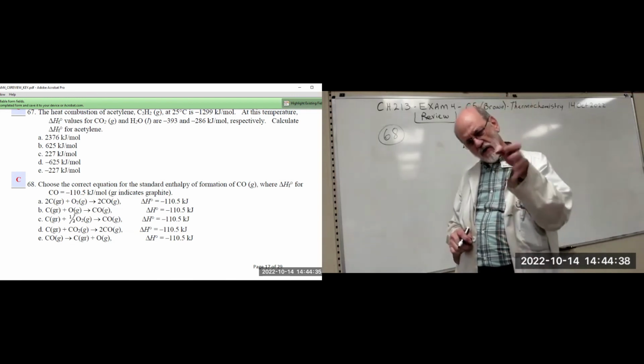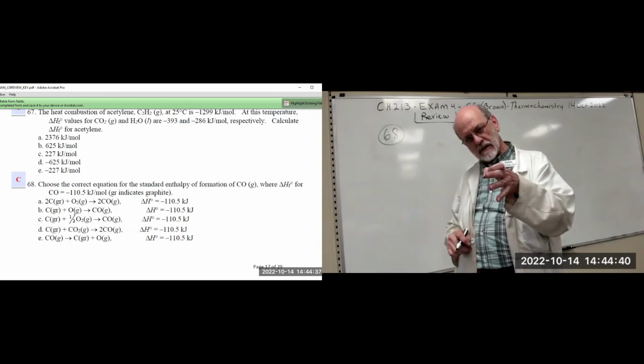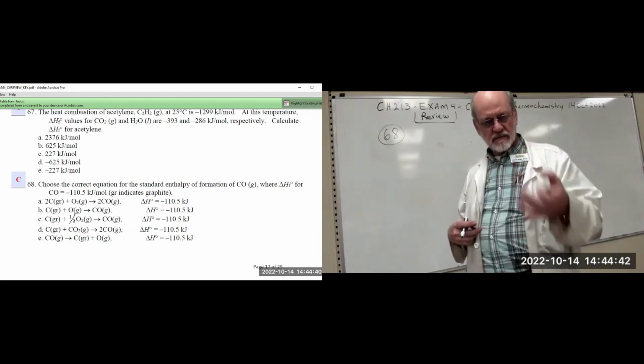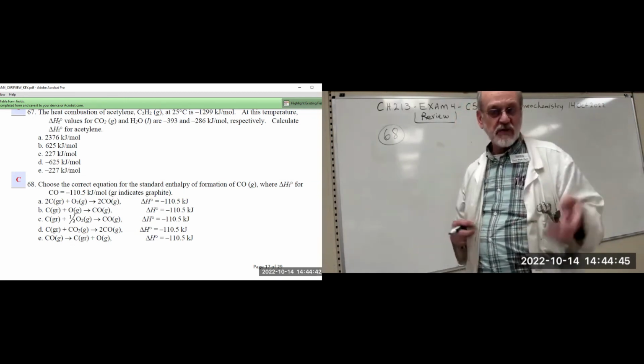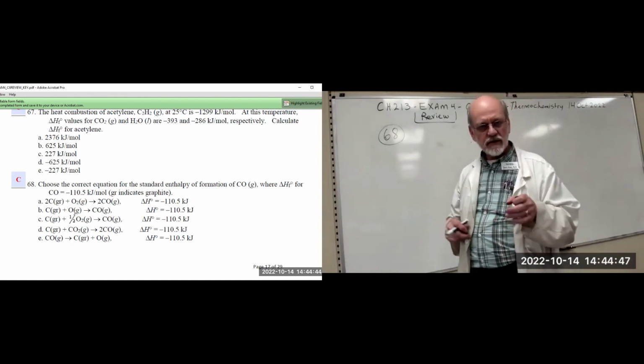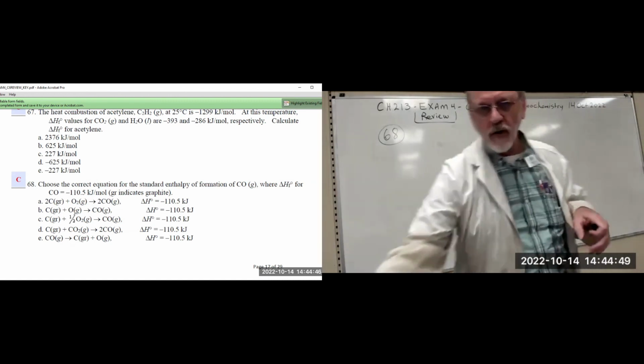Right? So if you look at all those answers, every one of them has minus 110.5. So that's given. What we need to do is concentrate on the formula.